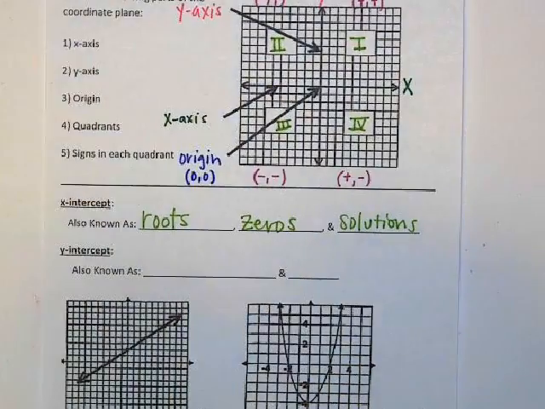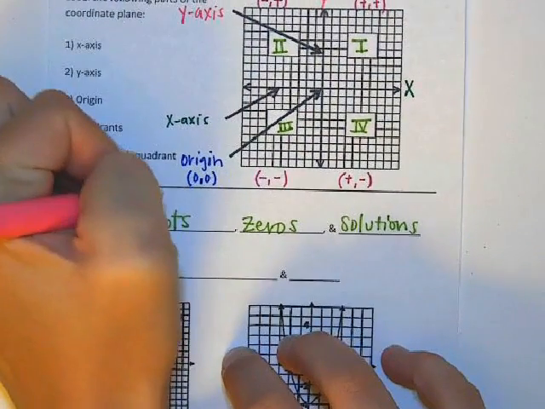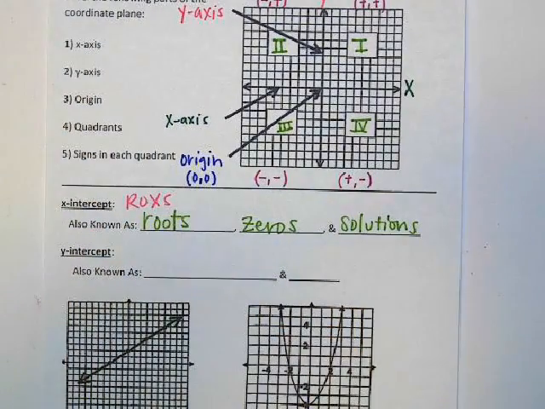We're going to write it. All right, now, rocks, R-O-X-S. All of these words, roots, zeros, solutions, they all mean x-intercept.